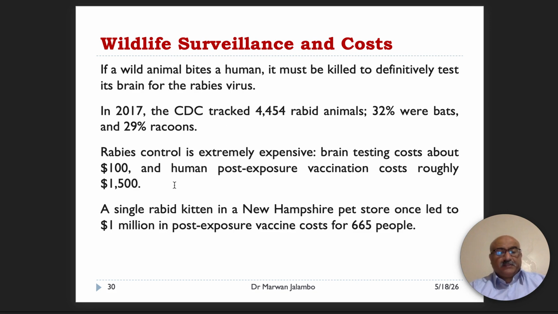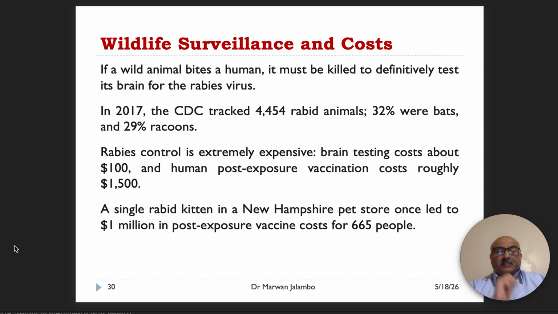Controlling rabies is significant and costly also. Testing an animal costs about 100 US dollars and a series of vaccinations of a person can cost as much as 1500 US dollars.